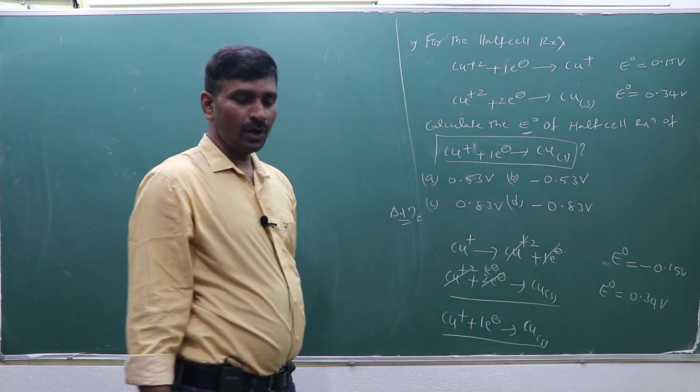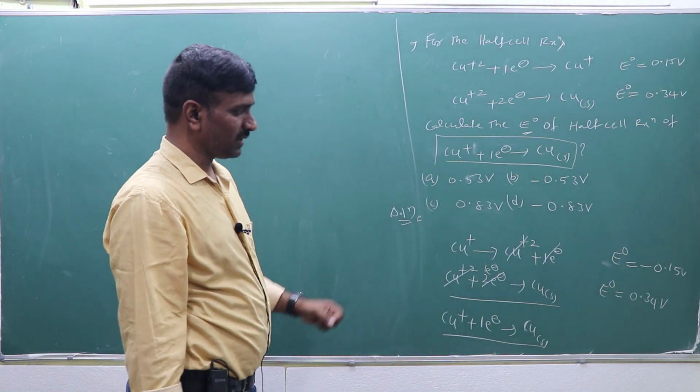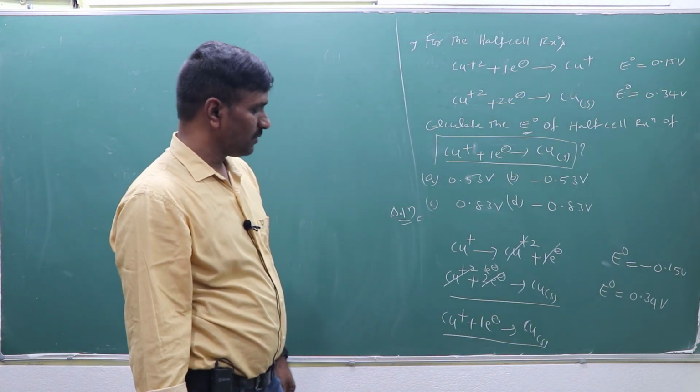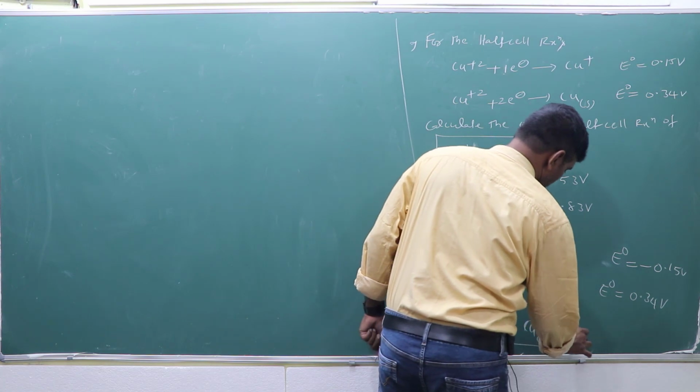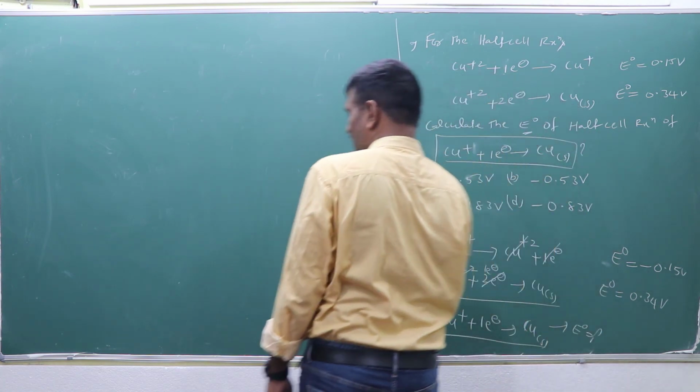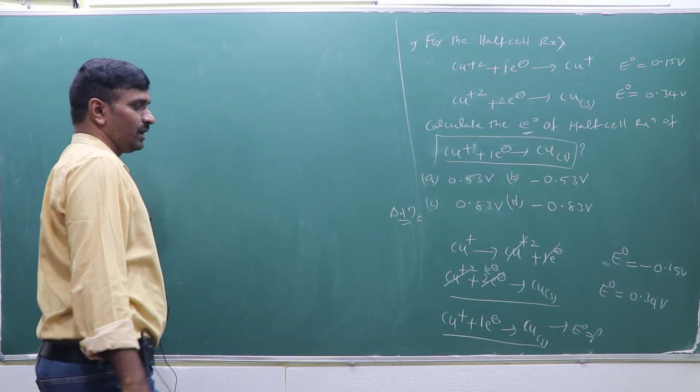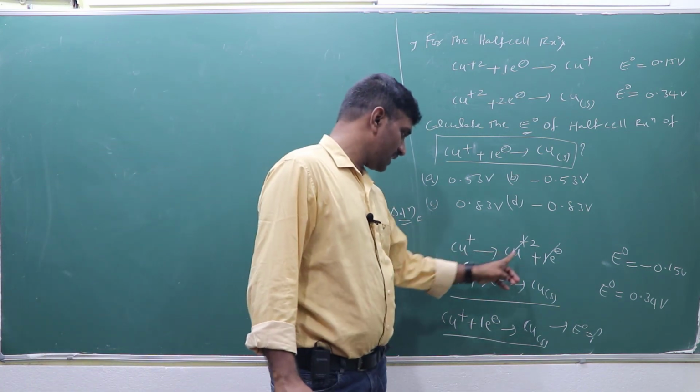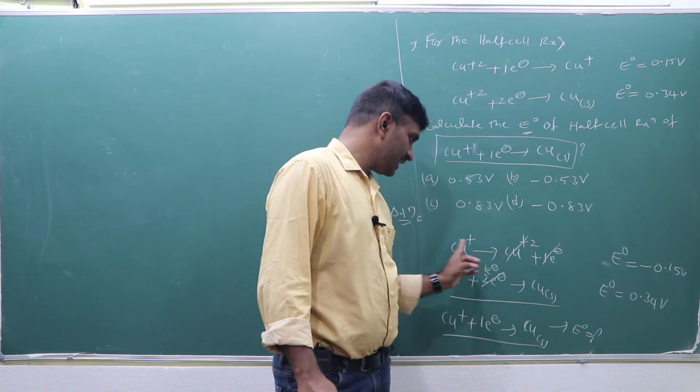Right, now what is the E0 value? How to calculate that? I mentioned earlier: if A to B takes place and B to C takes place, then what is directly A to C?